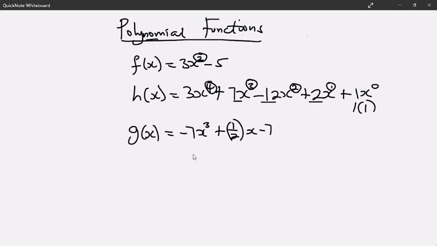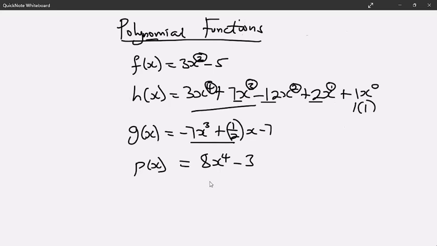So the exponents of the variables are not strictly required to be in order like this form. It can also take another form like this. Moreover, we can also have a polynomial function to be 8x exponent 4 minus 3. This is also a typical example of a polynomial function.